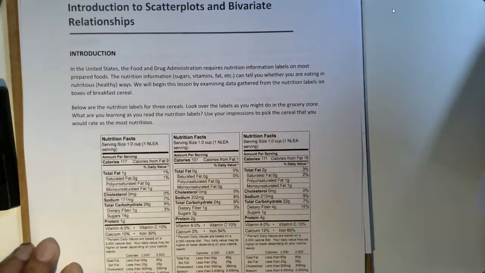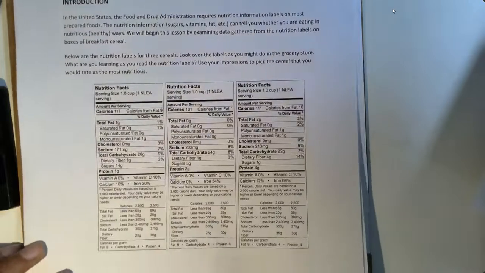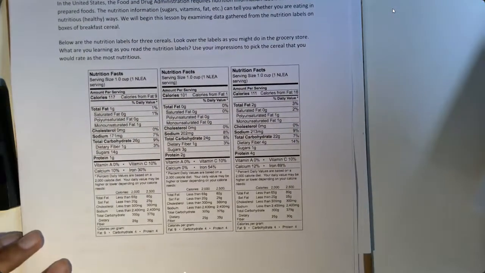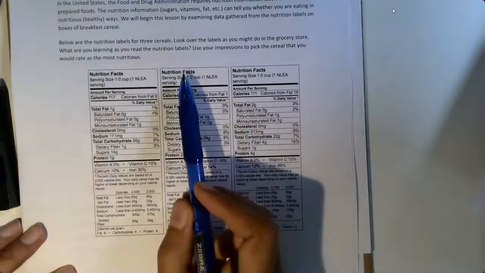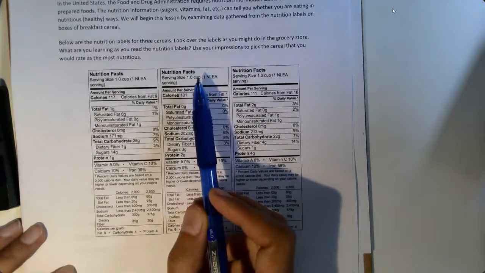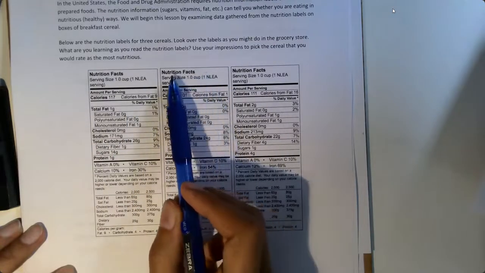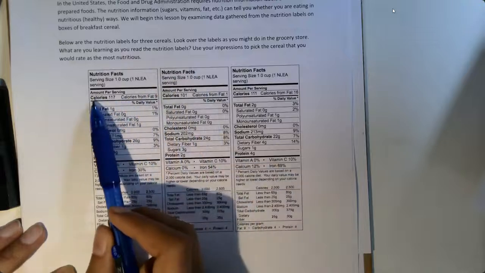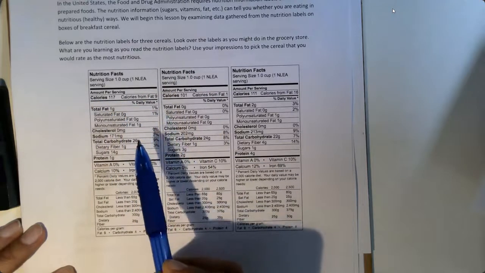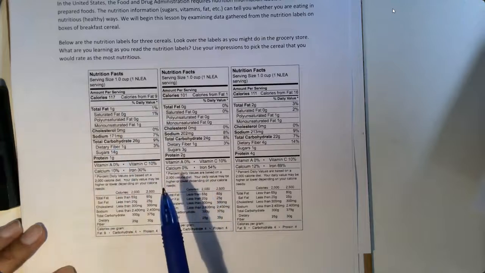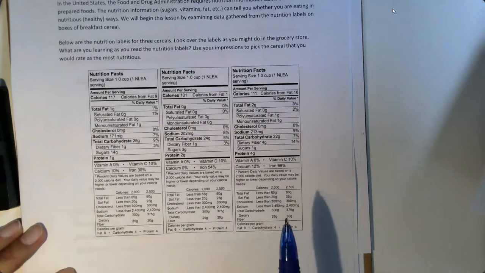Okay, let's take a look at this information that we have. Nutrition facts: which one is healthy, which one is less healthy, which one is the best. So here you have information about total fat, about sodium. What else? We have information about protein, vitamins, and so on.